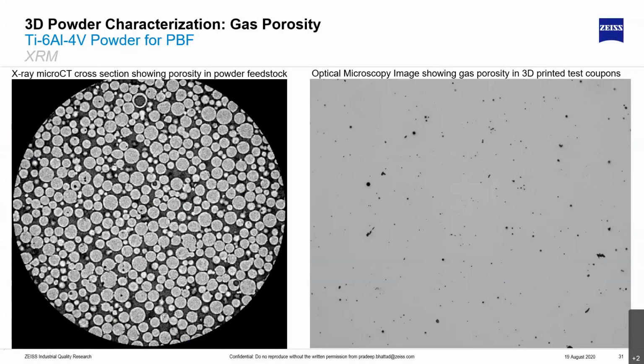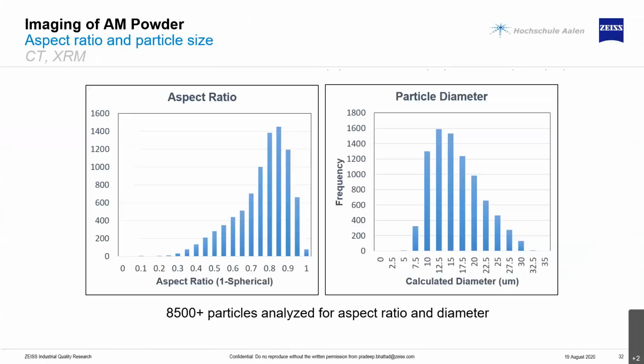Start looking at the powder, and if the powder has certain characteristics, you can have a pass-fail criterion right at the very first stage, even before the powder goes into the printer, because if that is of critical necessity, we know it's going to affect your part anyway. So it's better to stop it at the source.